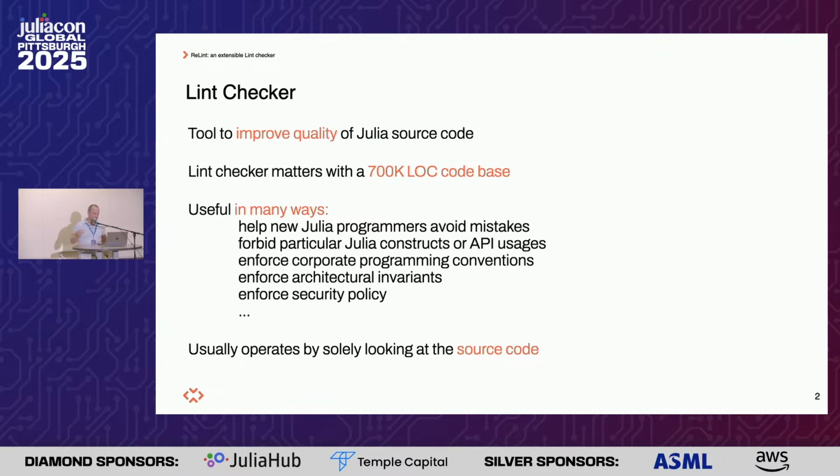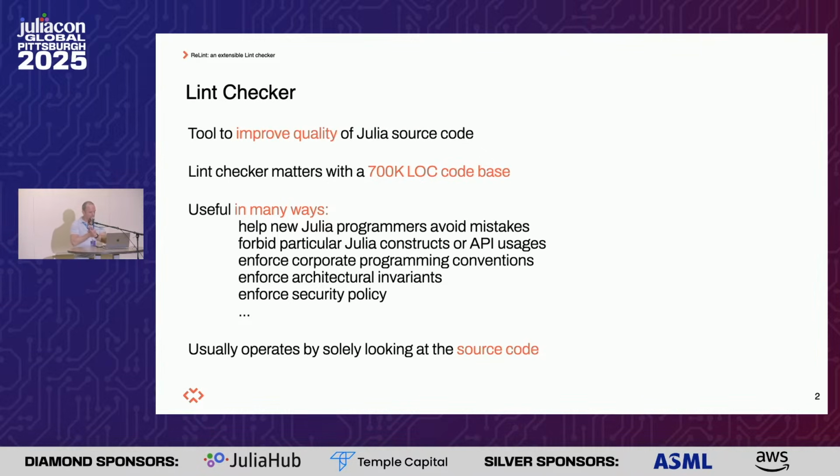You can also enforce some architectural invariants. Imagine that your software is made of a number of components. You may want to prohibit one component from accessing the API of other components. Let's say the core of your application must not refer to the tests, but the other way around is fine. And you can enforce some security policies, and I will give an example about that.